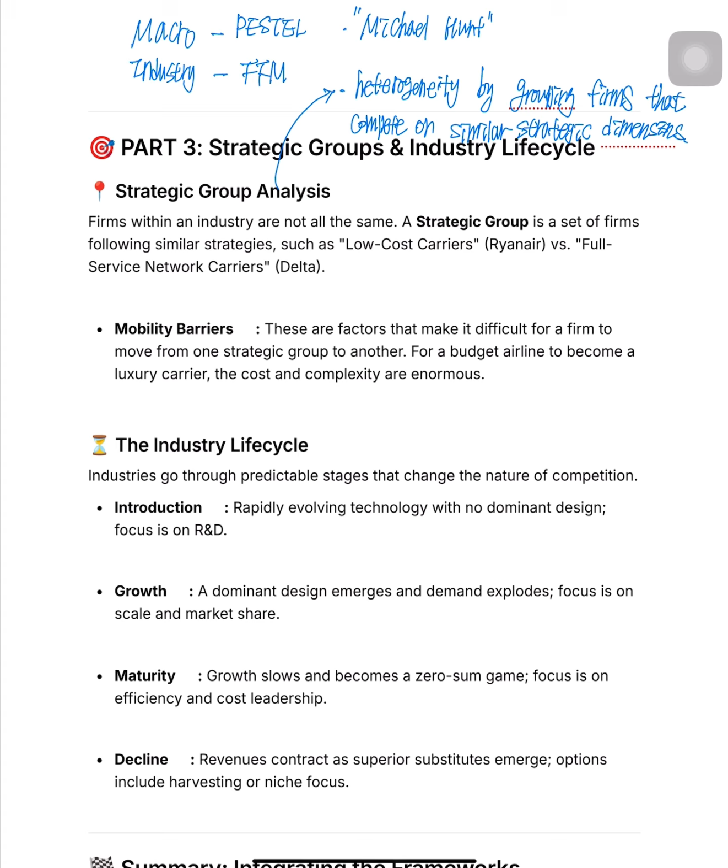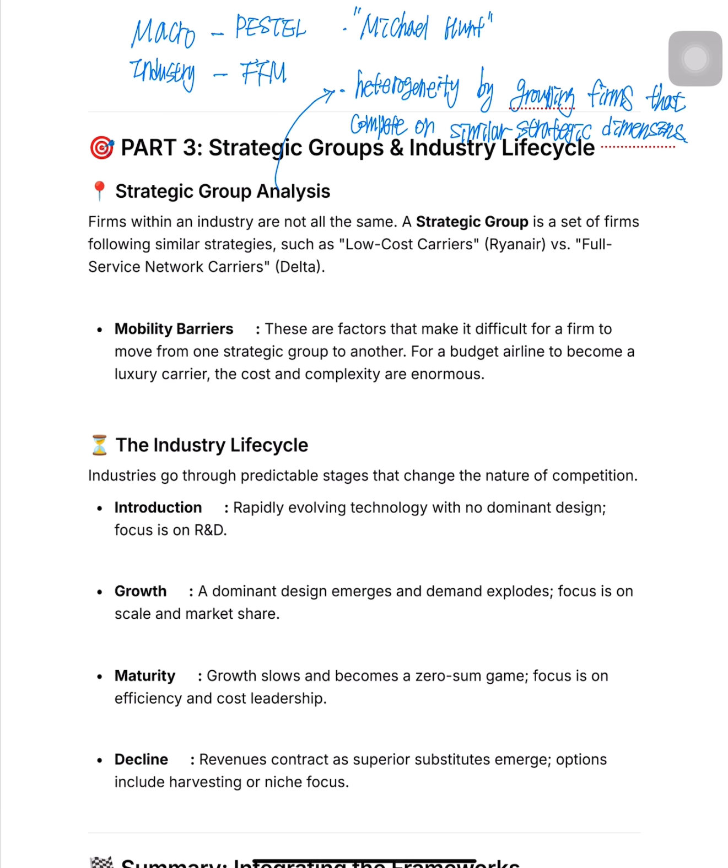Its basic logic is simple but really powerful. The firms within the same strategic group compete most directly with each other, because they are targeting similar customers with similar offers. The firms in different strategic groups, while still operating in the same industry, face different competitive dynamics because they have made different strategic choices.